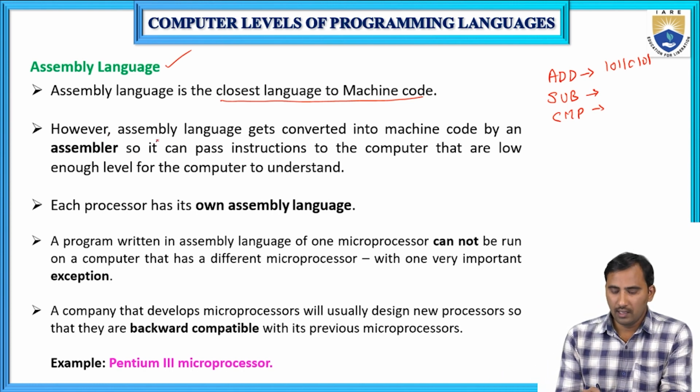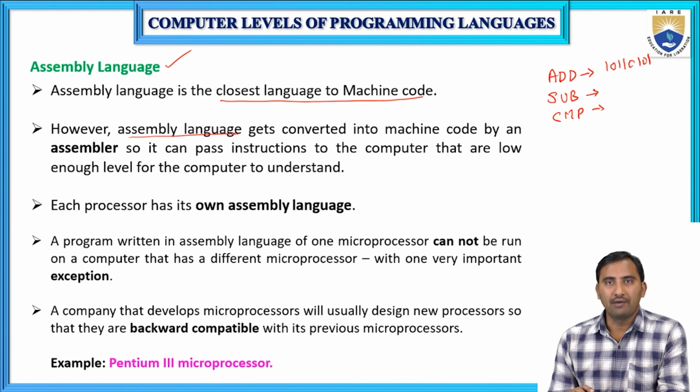However, assembly languages are converted into machine language by using the assembler. The microprocessor cannot directly understand assembly language, so we need to convert the program from assembly language to machine understandable language.